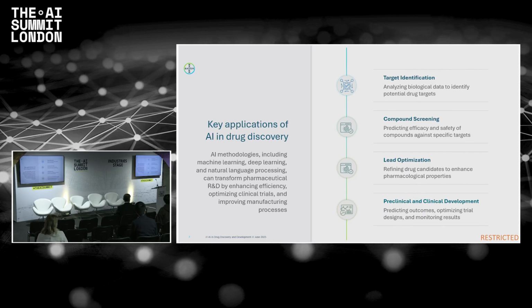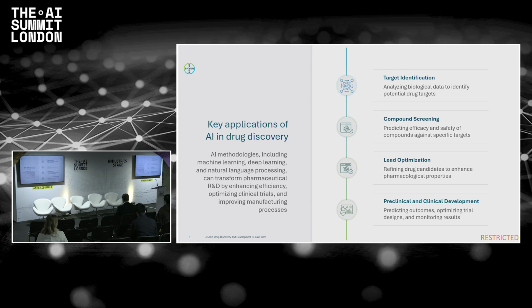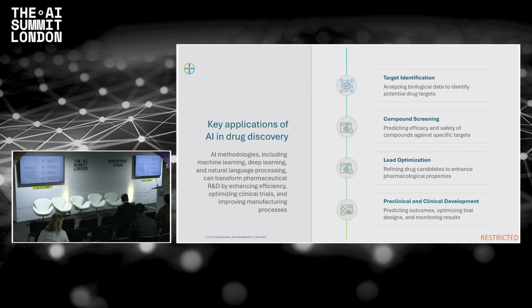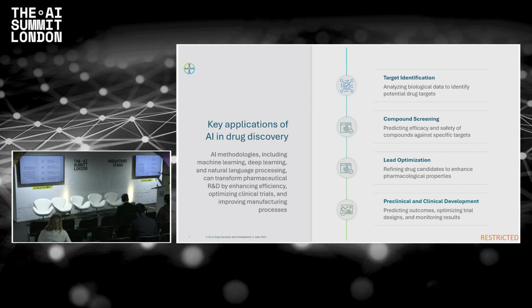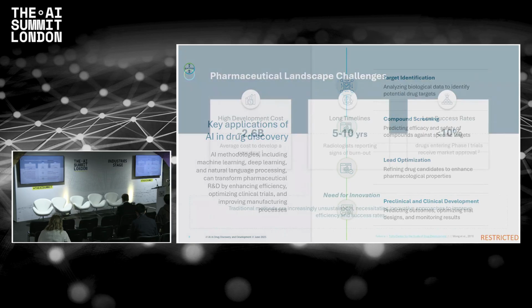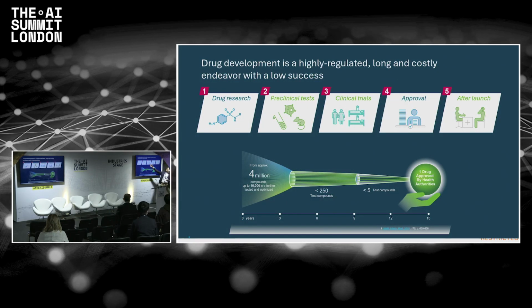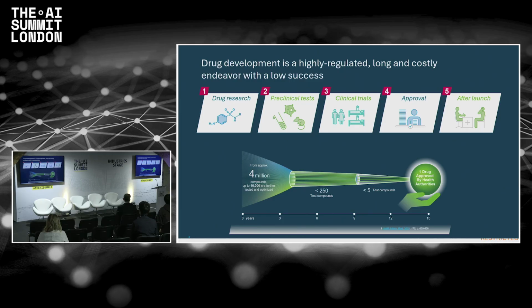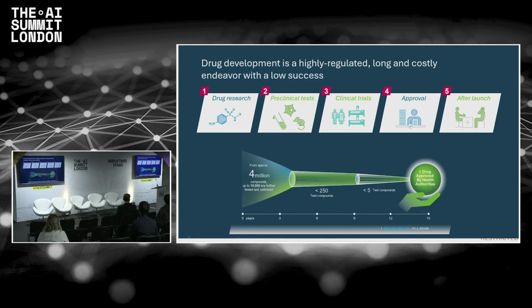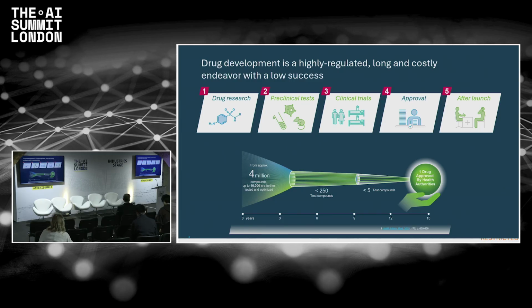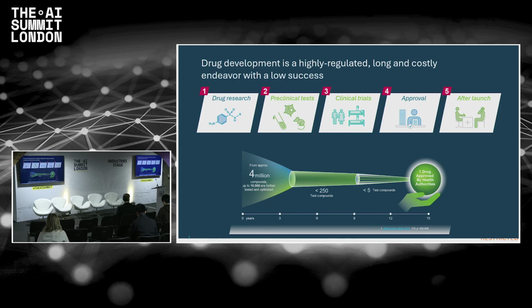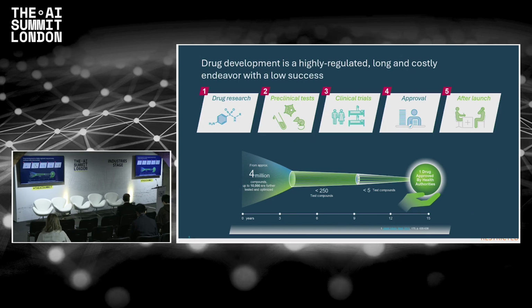Yeah, that's a very, very good question and a very difficult one. So these are the key steps in drug discovery and development. What are the metrics that we are looking for? The cost. Is it reducing the cost of developing a drug?